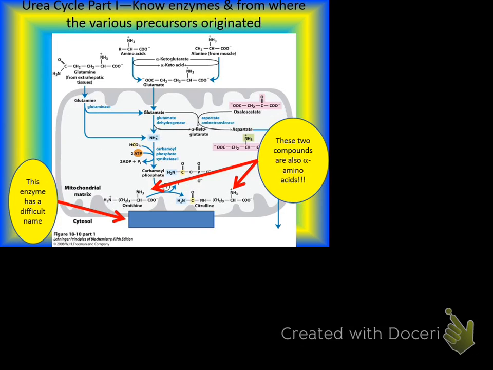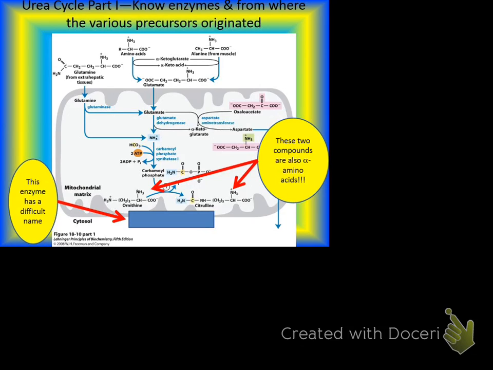But what class or classes of enzymes could this be? If you look, it's taking ornithine, and the only difference is that it's adding this carbamoyl group, an amide group, to the very end of the ornithine to make citrulline. So what class of enzymes could this possibly be?